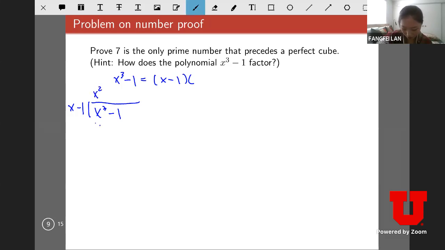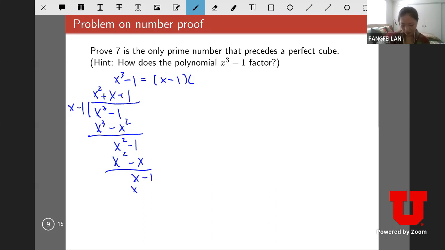You do x squared, then you get x cubed minus x squared, and then this is x squared minus 1, and then plus x, you get x squared minus x, and then x minus 1, you plus 1. And then you get 0. It's just long division. I'm not sure if there's an easier way, like a trick you can do with this. But anyway.